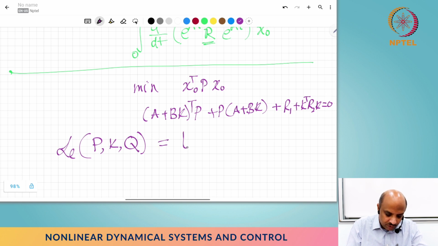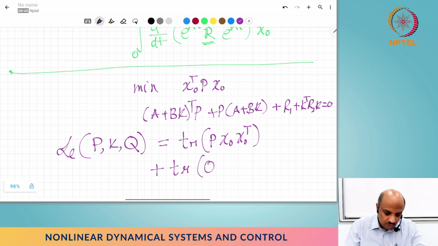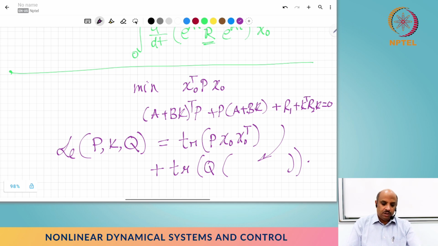And I'm going to write a trace. There's no special reason beyond that. Everything else is so, Q times this nasty equation. Okay, so this is my Lagrangian.